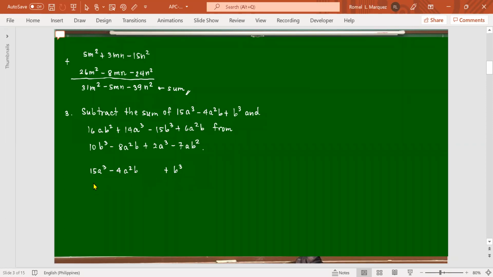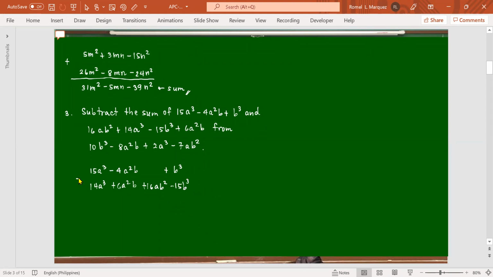The next one we have negative 15b cubed, am I right? Then plus 14a cubed, plus 6a squared b, and then plus 16ab squared. Am I right so far, guys?